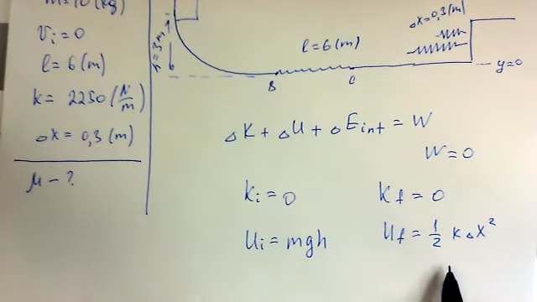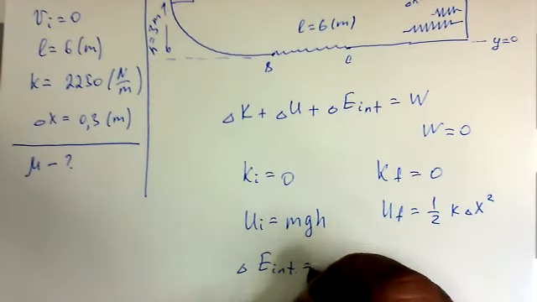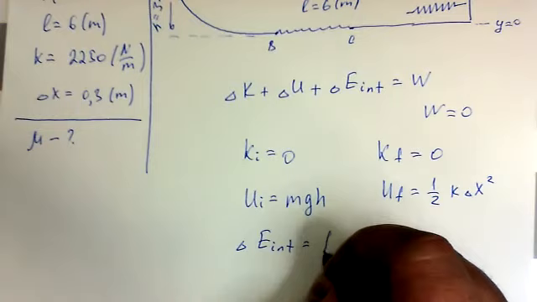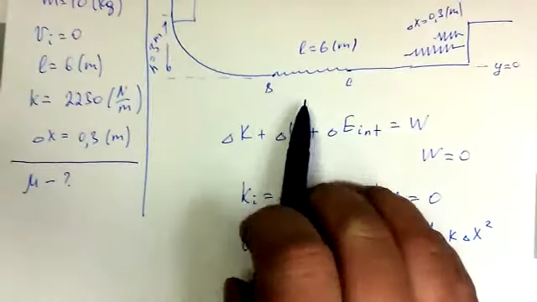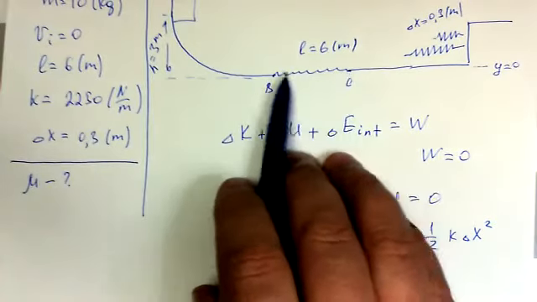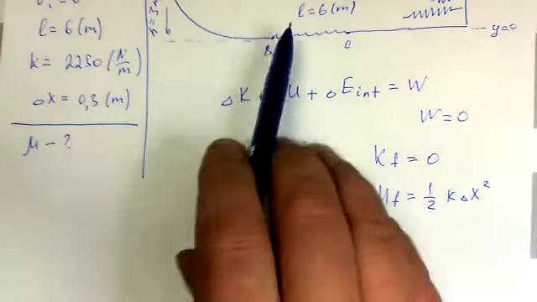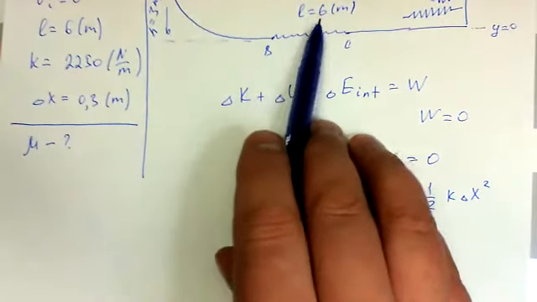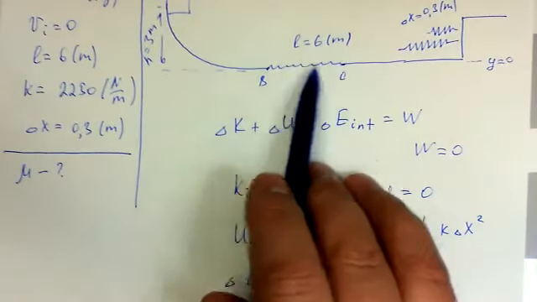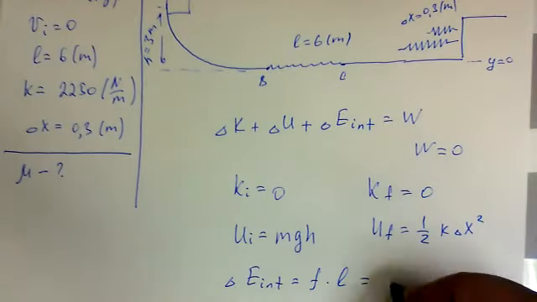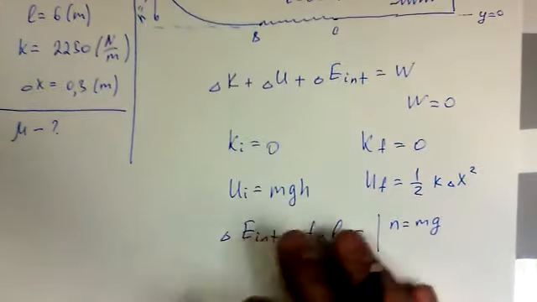Okay, thank you. And now the change of the internal energy. From the definition, it equals the force times the total displacement. The only part of the track with friction is here, so the displacement is 6 meters. Look at this object when it is placed at this part: the normal force equals mg, the absolute value, not the vector.